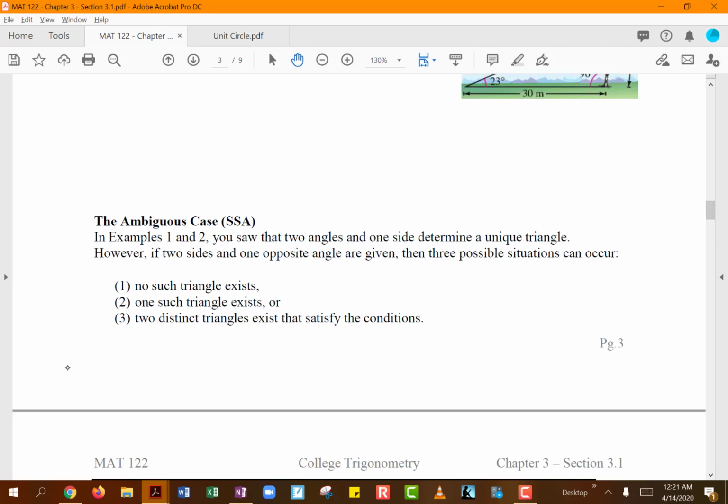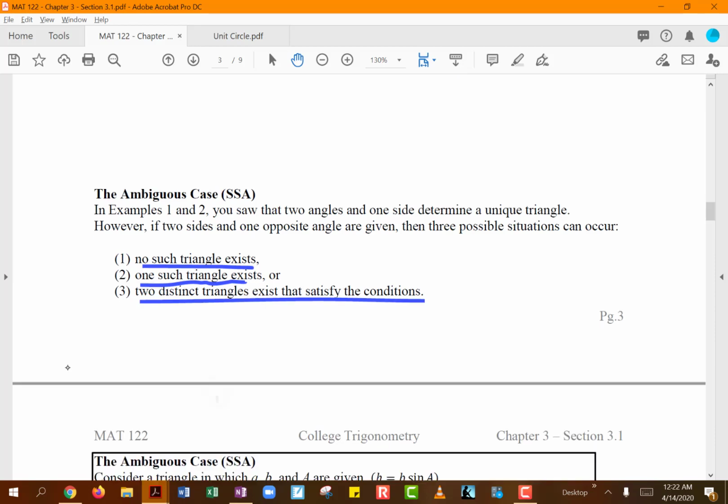You either have no triangle, which would exist given those measurements, and we'll look at examples of that. Or you can have a possibility of just 1 triangle which would exist. Or you can actually have 2 distinct triangles which would also end up satisfying your condition. So you can end up with no triangle, 1 triangle, or 2 distinct triangles which would satisfy those conditions.